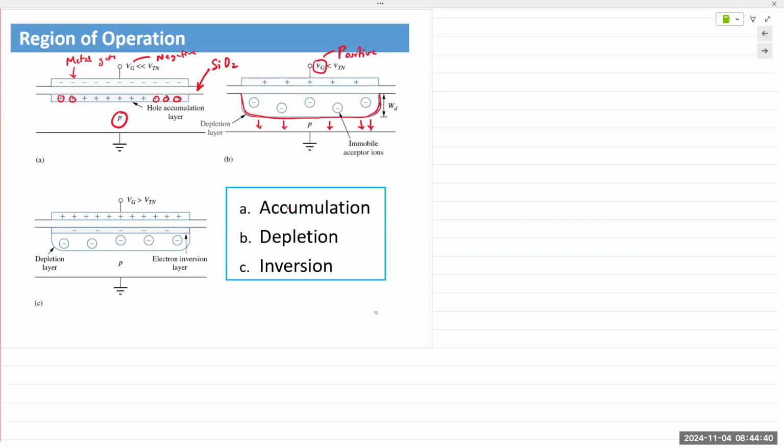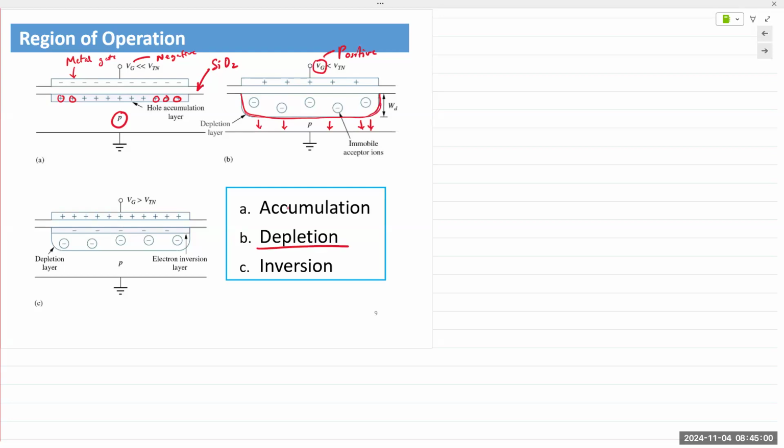But these charges are from ionized atoms. They are not free to conduct. So they are depleted of free charge carriers. Hence, the name of the state is depletion.